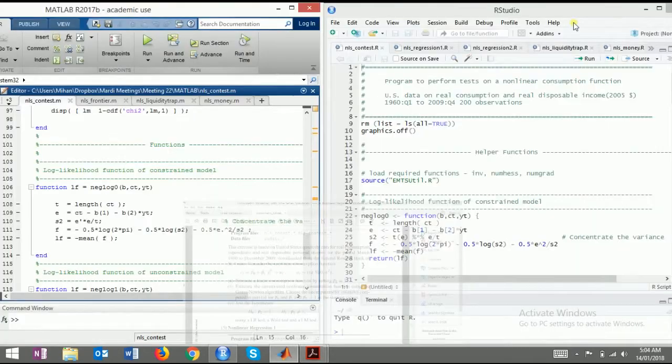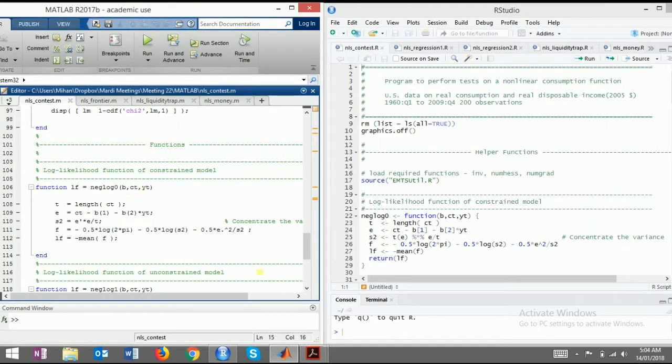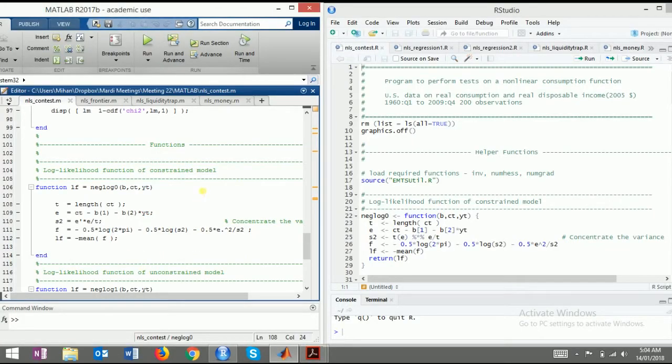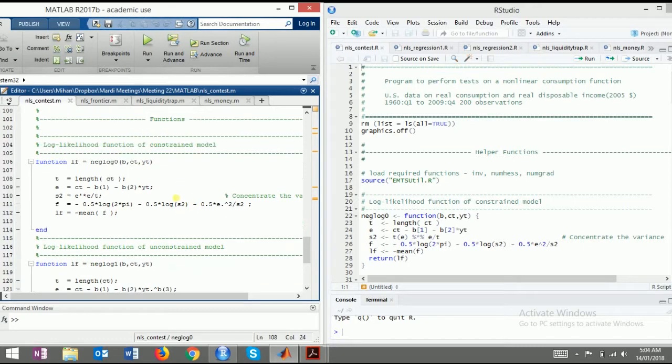So we have the consumption parameter ct, b and yt. For the constrained model, let's just estimate this parameter. T is the length of ct, e is ct minus b1 minus beta 2 yt, which is the equation.